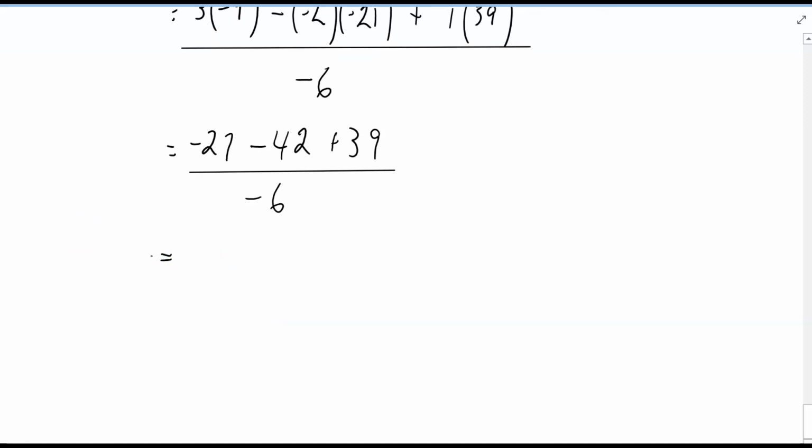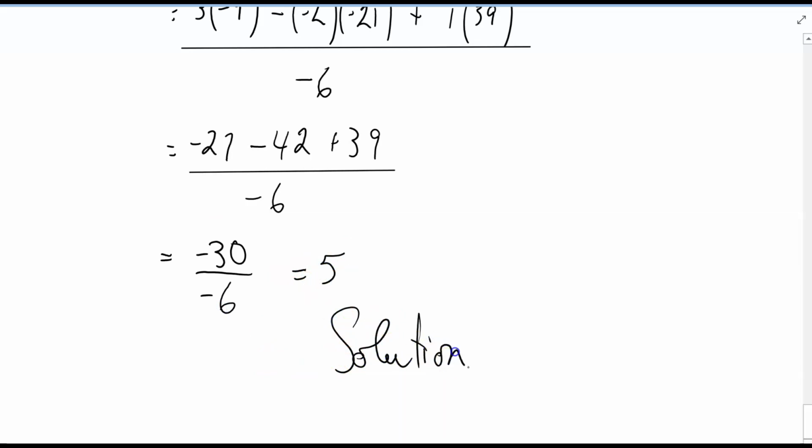Minus 27 minus 42 plus 39. And we get minus 30. It's over minus 6, and that is 5. So the solution in x, y, z coordinates is 2, minus 1, 5.